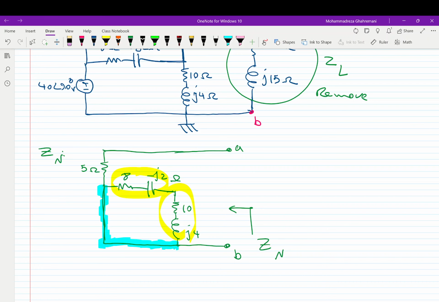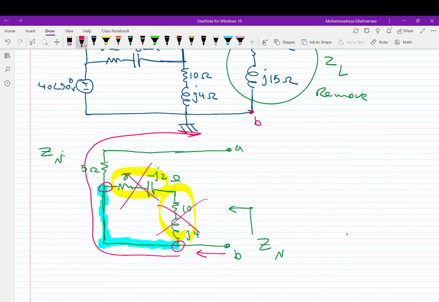So in fact, all of them are out of the circuit in finding the Z Norton, because both sides of them are short circuited, so all the current moving here goes through the short circuit.